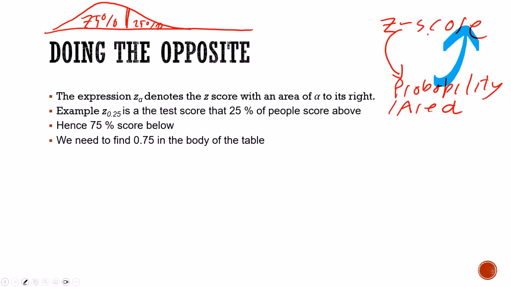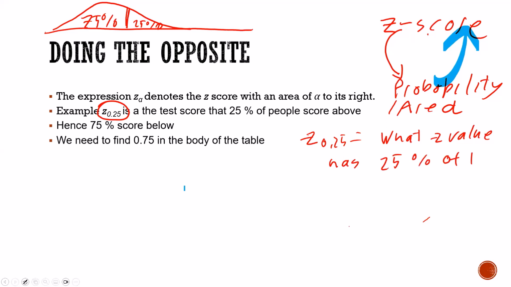So if I write z alpha 0.25 equals, I'm asking you what z value has 25% of the area to the right.